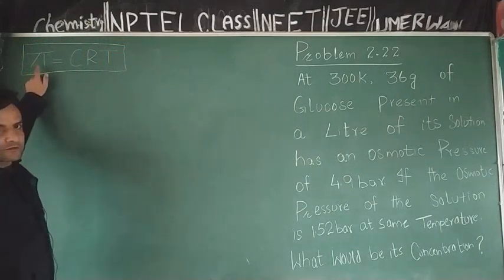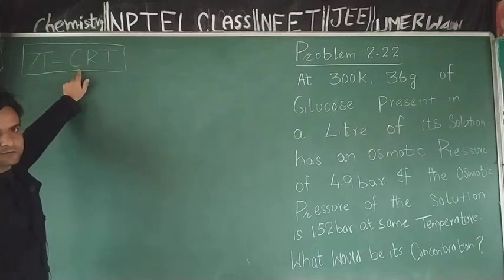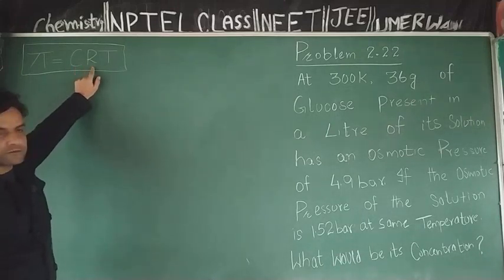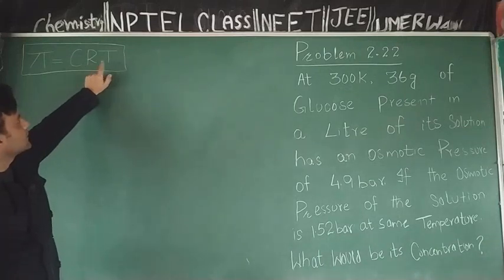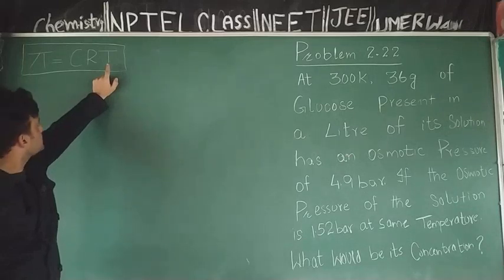that relates osmotic pressure with molar concentration of solution, molarity of solution, number of moles of solute in 1 liter of solution. R is similar to gas constant. Its value is same as that of gas constant, 8.314 joule per Kelvin per mole. T is absolute temperature, temperature in Kelvin.